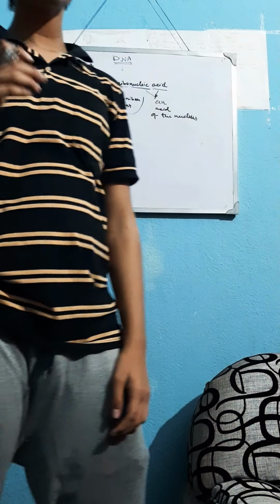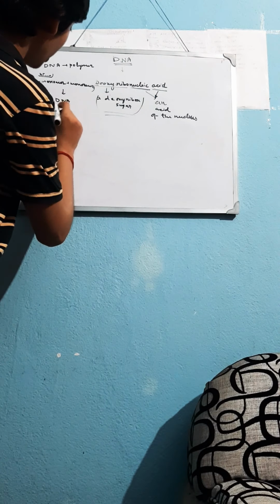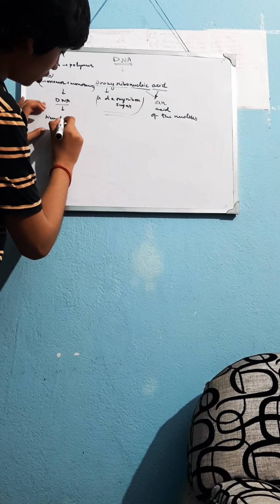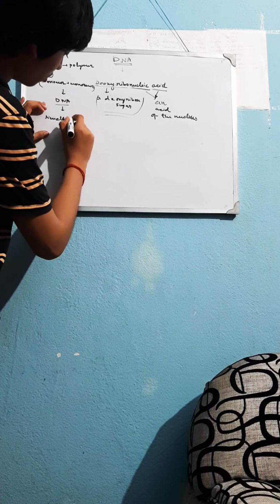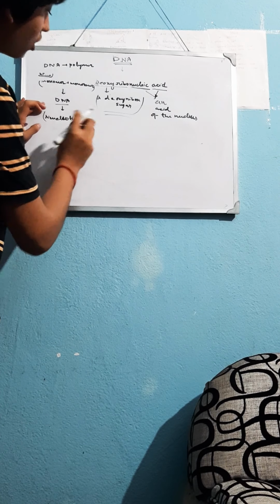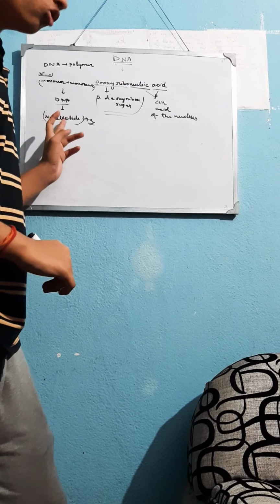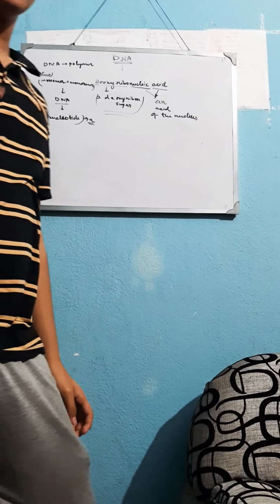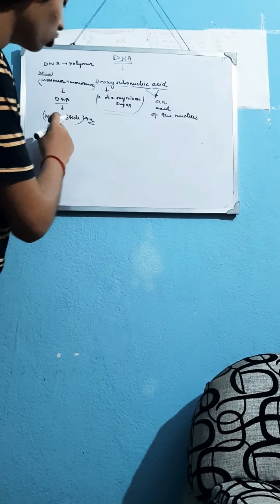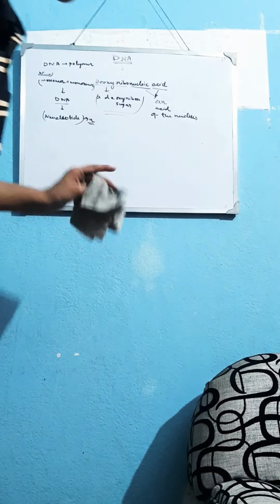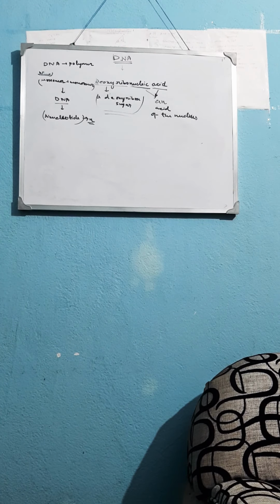Now we should know what its monomer is. DNA's monomer is nucleotide. So suppose it's of n terms: n nucleotides form DNA. That means nucleotide is the monomer and DNA is the polymer. Done. You can note this down. Pause the video if you like.